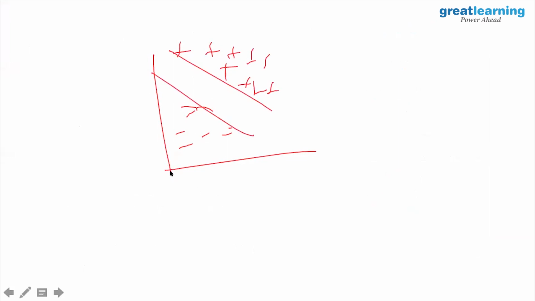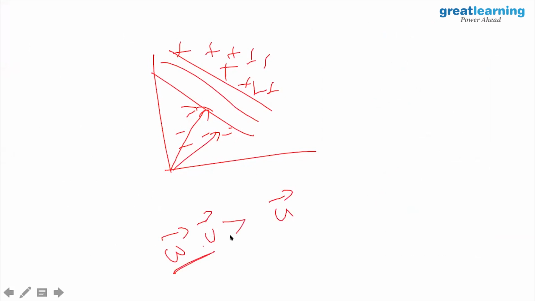What we're trying to do is we have a known vector W that is perpendicular to the hyperplane we're designing, and we have an unknown vector called U. I want to know whether the dot product of this unknown vector U with my known vector W is greater than or equal to 0, then it is a positive class. If it is less than 0, then I call this a negative class.